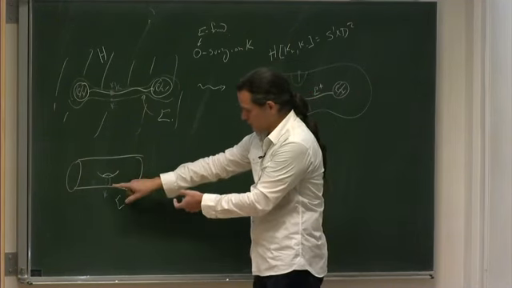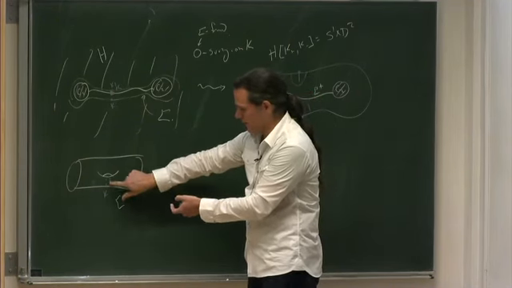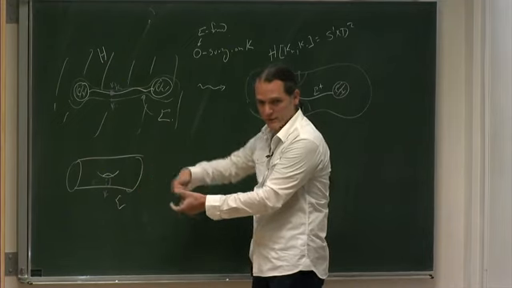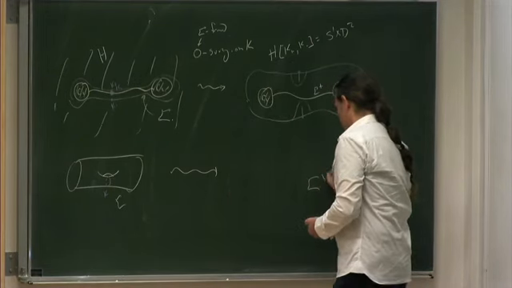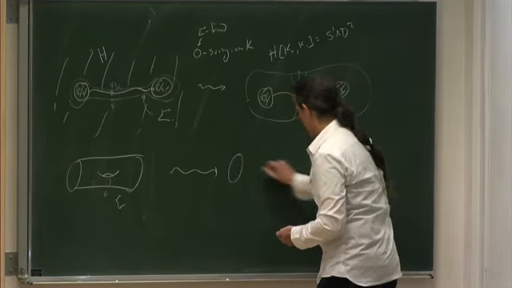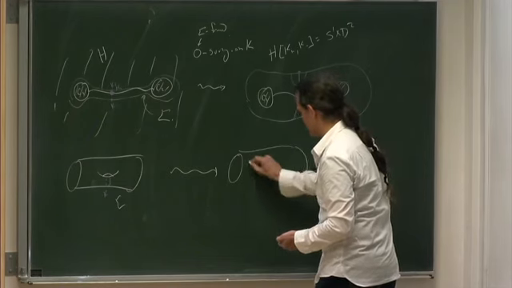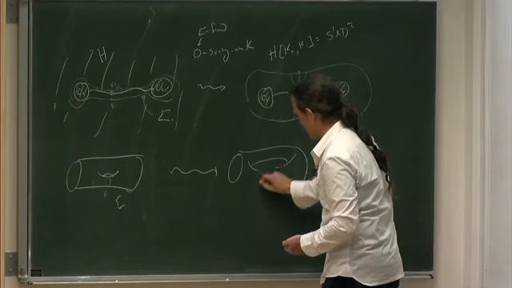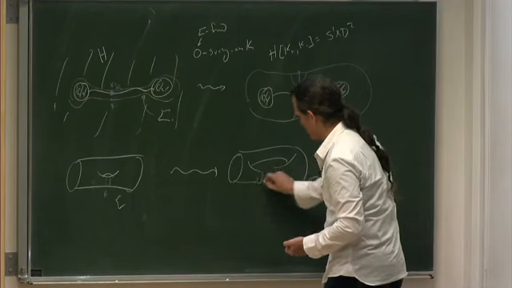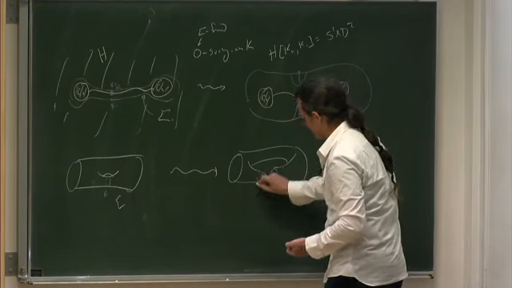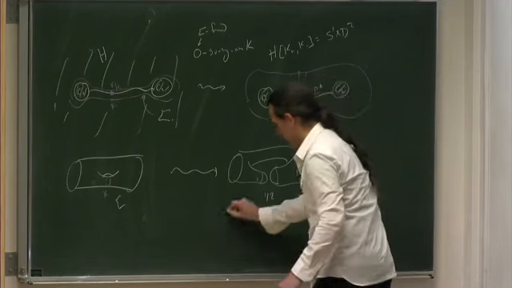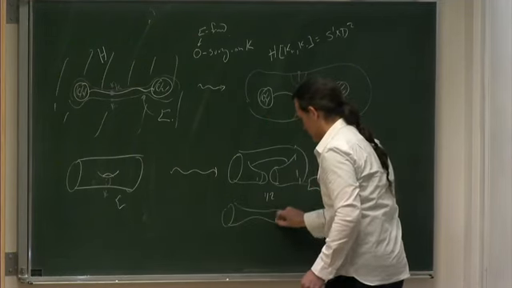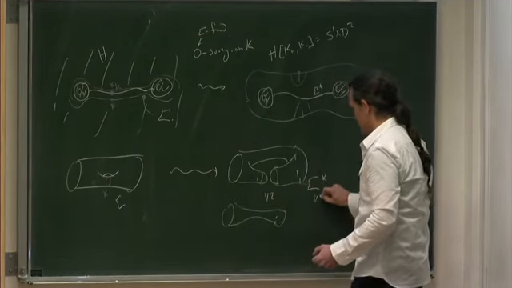We chop along K and cap those off with the meridional discs of the filling. So what is sigma star? Let's just draw it. We've cut open along K, and then we cap off. And if we suck that all in, we actually just get an annulus.